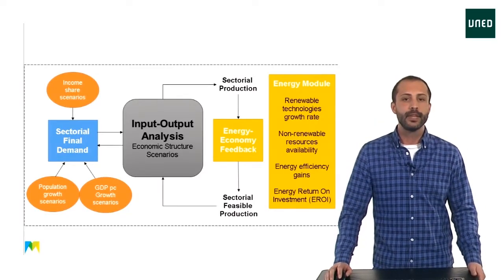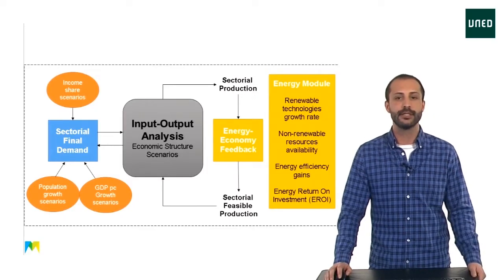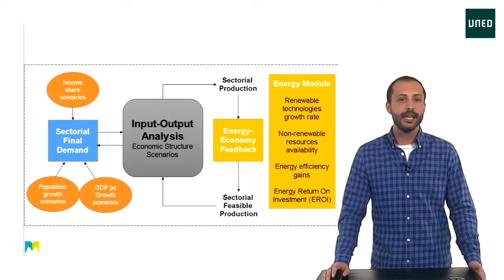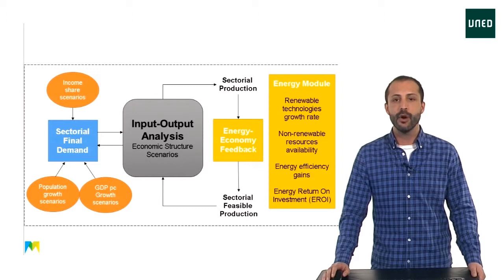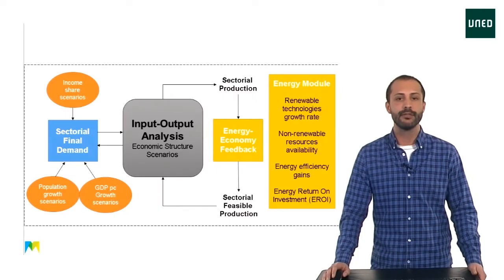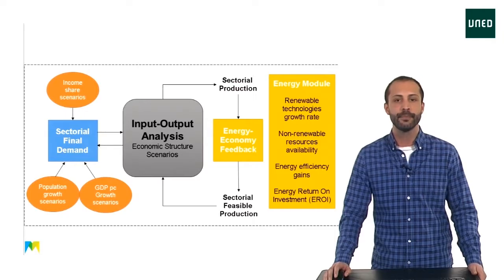In parallel, the energy module estimates the final energy supply according to its structure, which has been described in the previous module. If the final energy available by any source is lower than the final energy demand, then a scarcity coefficient is calculated, and not all the production firstly estimated can actually be produced to satisfy demand.